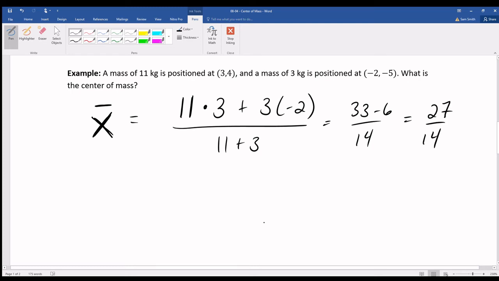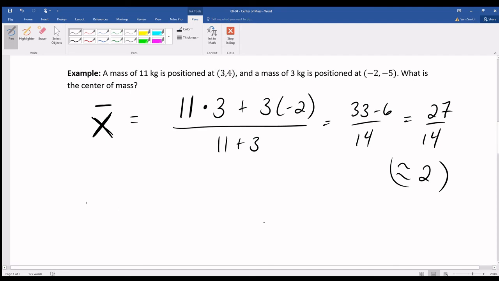Now it makes sense that this center of mass would be so close to the position of the heaviest object. The heaviest object is dominating here, the 11 kilogram object, and the center of mass will be very, very close to it.